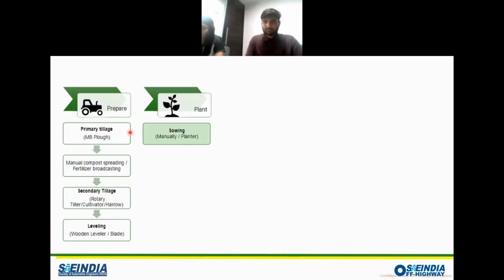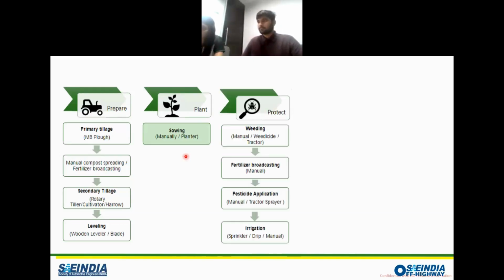After that comes the stage where we do the planting. We do the planting or sowing manually, or we use the planter. Then once we sow the plant, there is another stage to protect the plant, so we do weeding. We can do the weeding manually, or use a weedicide, or by using the tractor.